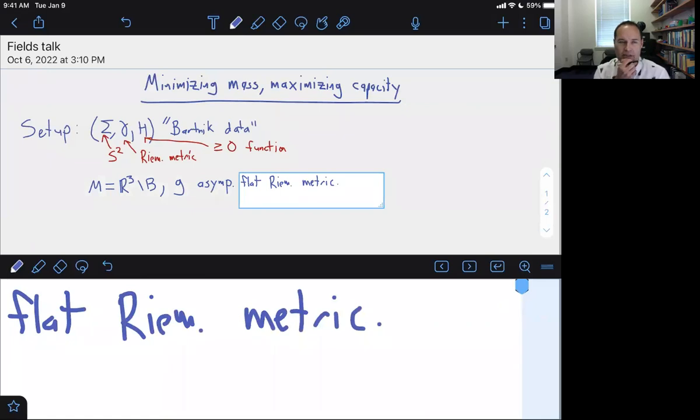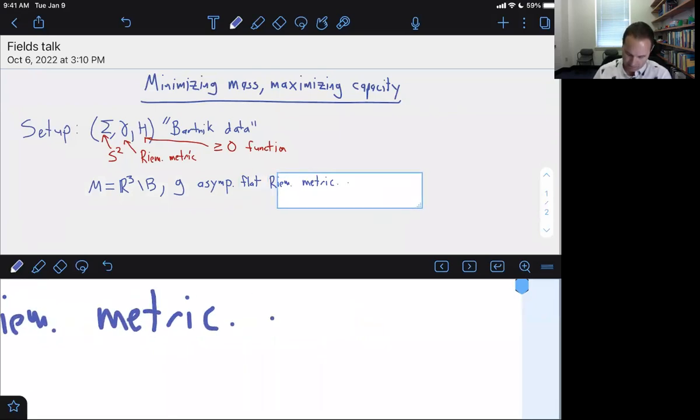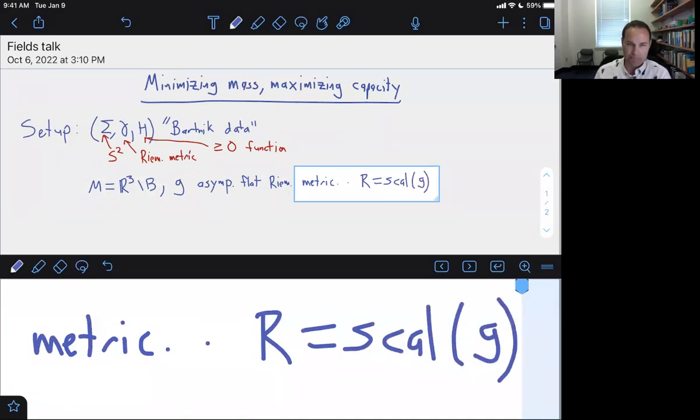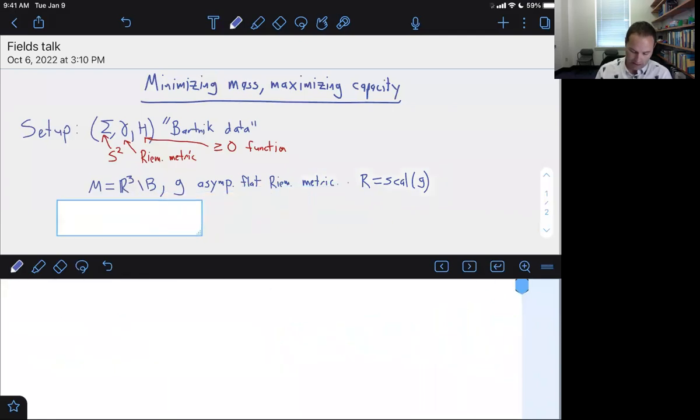I won't write down the decay conditions and everything, but it's all standard. The idea is that G is going to the Euclidean metric at infinity at some specified rate. Oh, and I'm going to use R throughout this to represent the scalar curvature. Okay, so that's the setup.